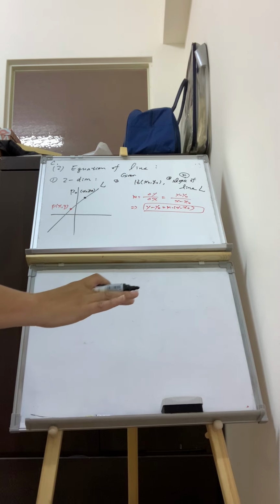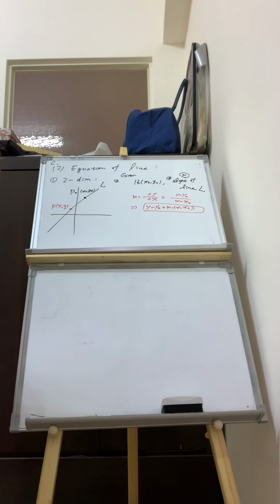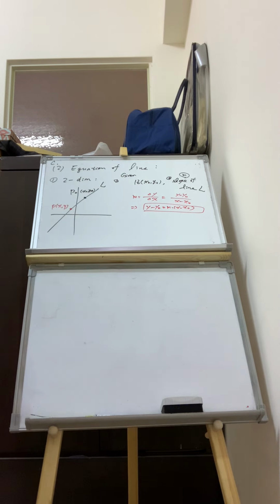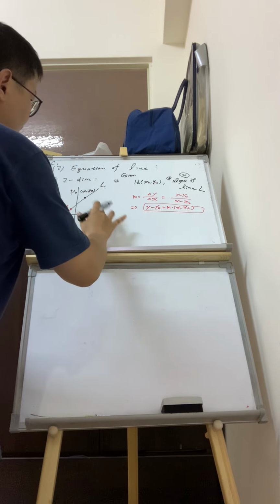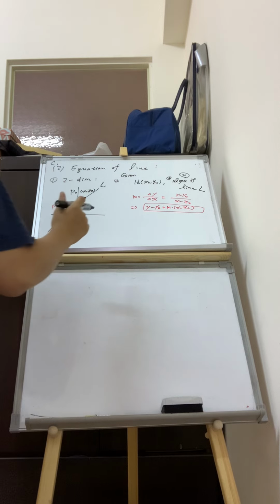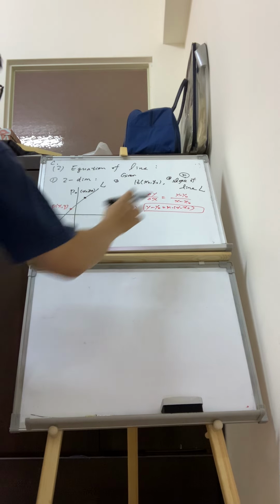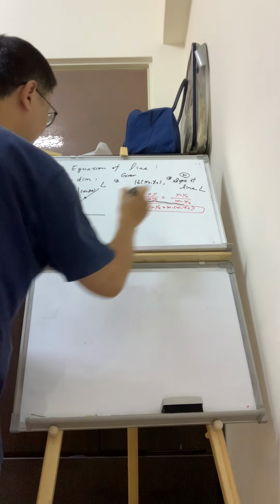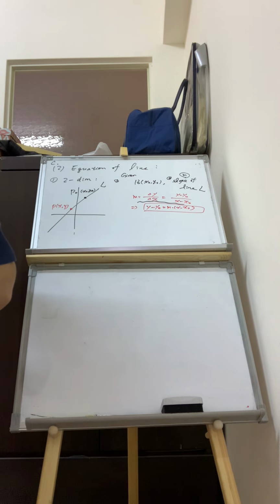But in the three-dimensional case, if we have not fixed a plane, then we don't know what the slope of a line means. So here we use another way to explain it.